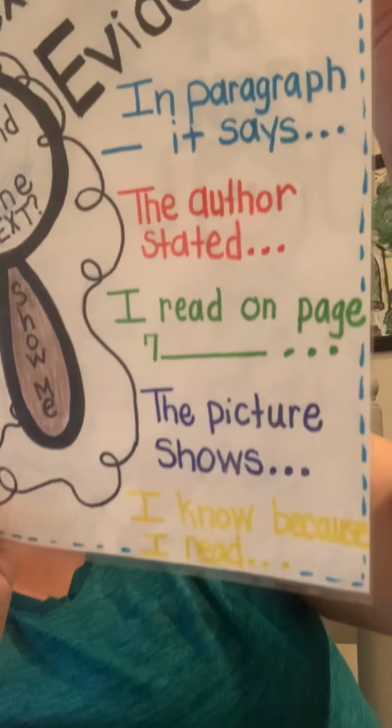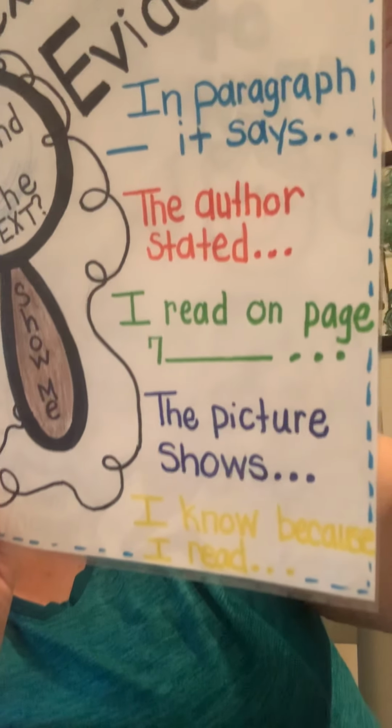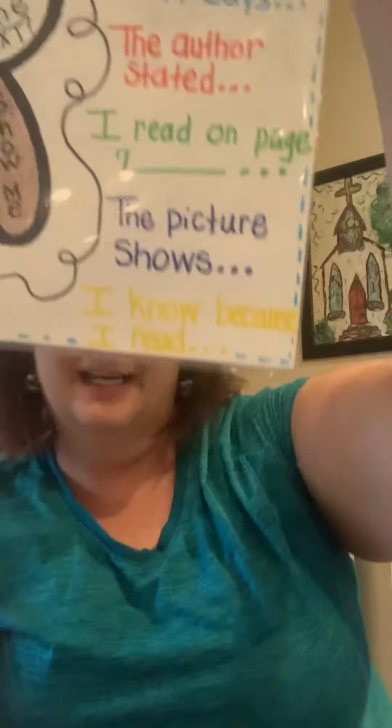They have to be able to say, in paragraph blank, it says this, or the author stated, I read on page 7, the picture shows, because we always do look at pictures, charts, and graphs. Those are very important in informational text. And then I know because I read so-and-so.